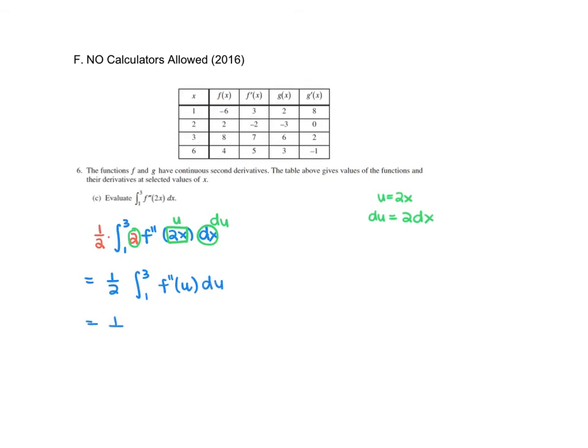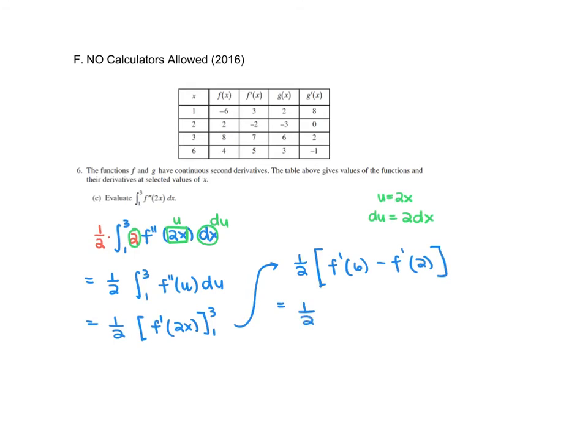So the antiderivative of f double prime is f prime of u, which is 2x, evaluated from 1 to 3. Then we plug in the upper limit. So 2 times 3 is 6, minus we plug in the lower limit, 2 times 1 is 2, and then use the table above to evaluate each component.